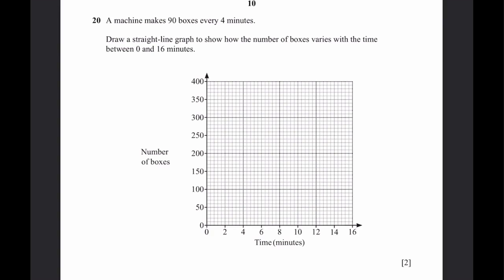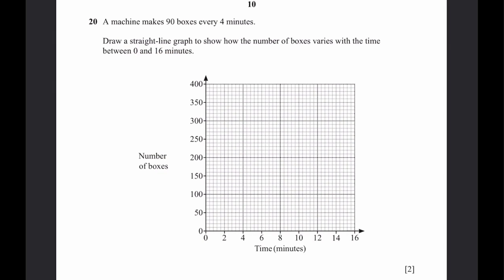Question 20. A machine makes 90 boxes every 4 minutes. Draw a straight line graph to show how the number of boxes varies with the time between 0 and 16 minutes. First of all, we can draw an X, Y table. So for X, it's time in minutes. For 4 minutes, we know 90 boxes, and Y is the number of boxes, so that means when X is 4, Y is 90.